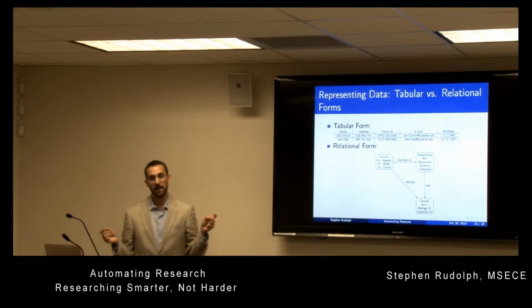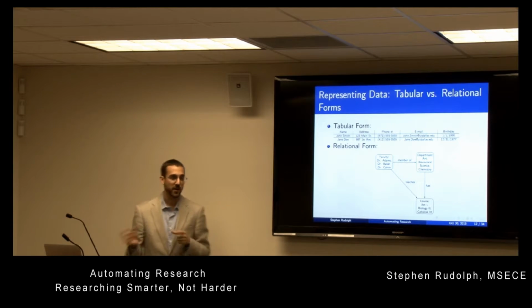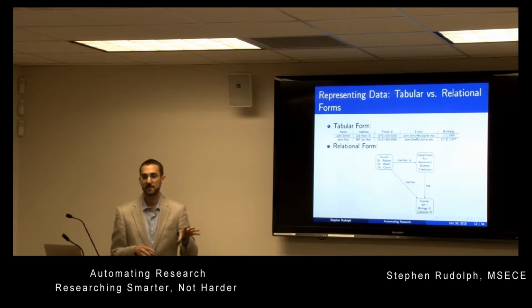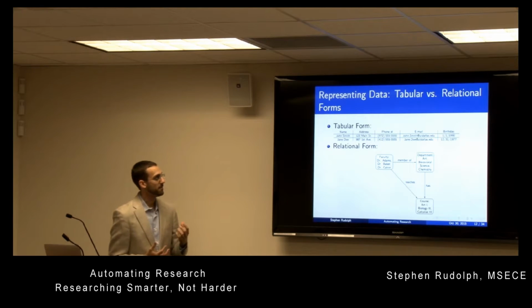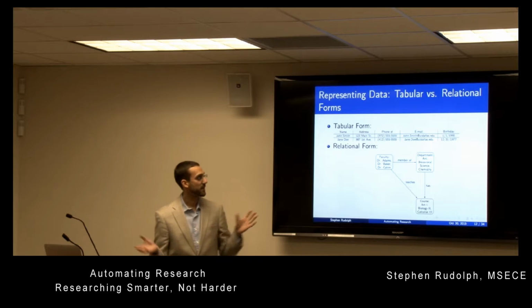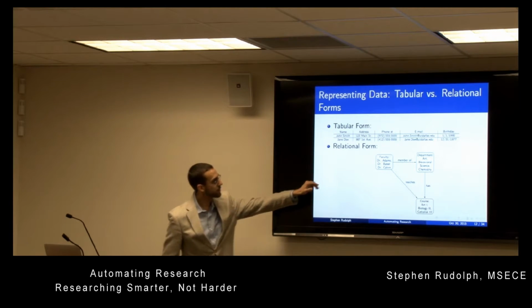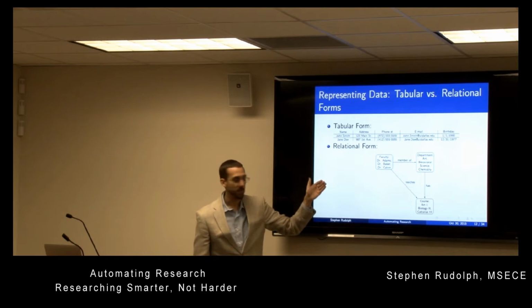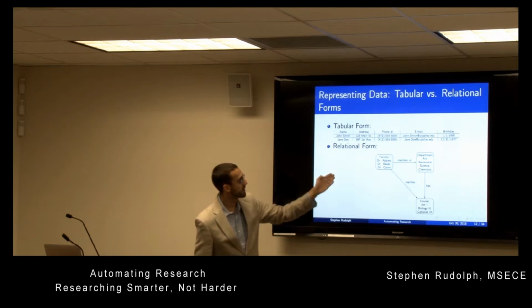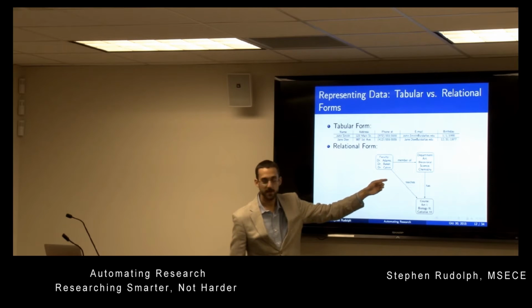Now, if the data has connections between it, if each item needs a bit of context to have a richer meaning, think about representing your data in a relational form. Take, for example, a university. You've got a bunch of different faculty members. Each of those faculty members belongs to a particular department.